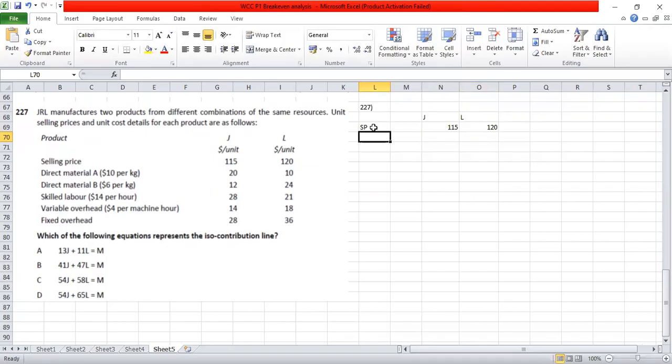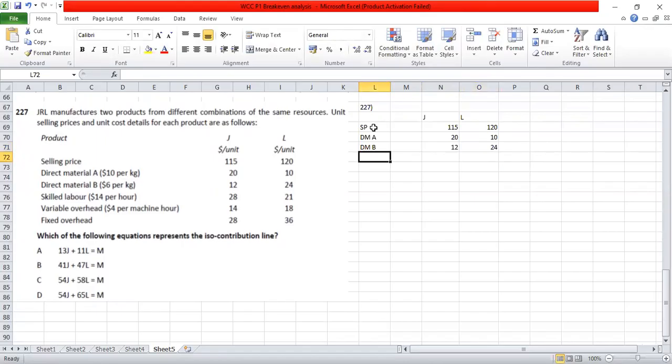Then we have direct material A. This is 20 and this is 10. Then we have direct material B. This is 12 and this is 24.